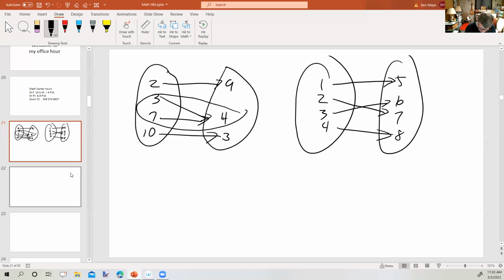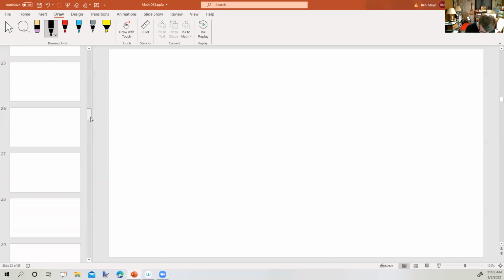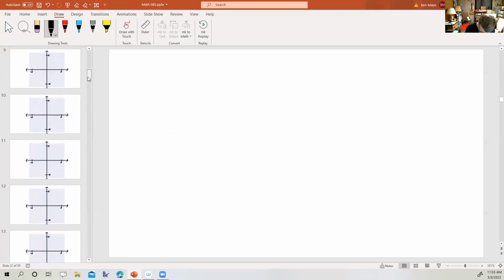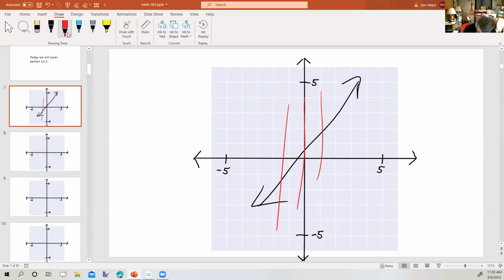Now, we've talked in the past about the vertical line test. For instance, if I had this graph, it passes the vertical line test. So it's a function.